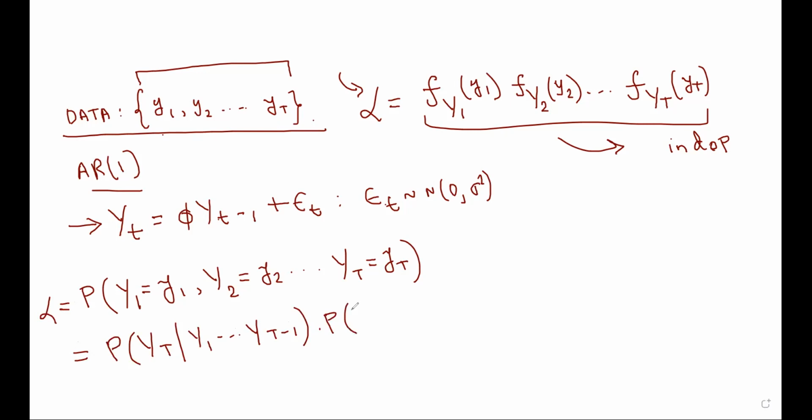Can I write it like this? Let me write it in a little more precise manner. So this can be written as, so this is, let's say, density. So this is actually not P, but density, let's say.